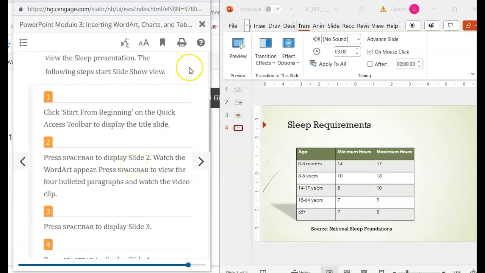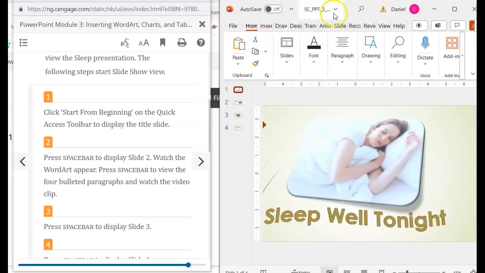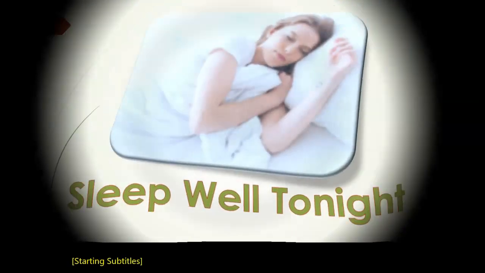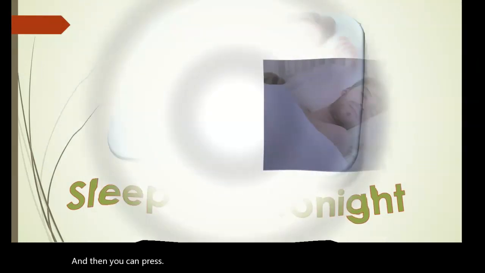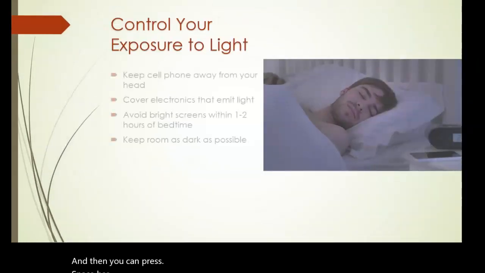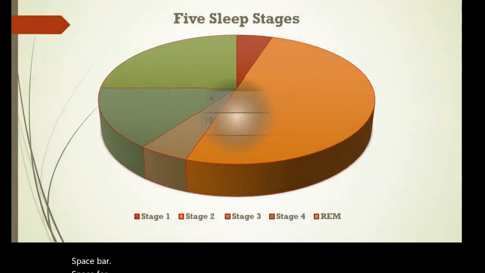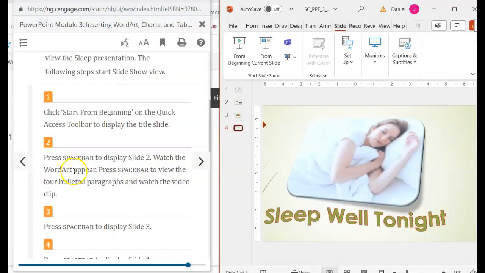All right, and then you can click start from the beginning to play it. So that's slideshow tab from beginning, and then you can press spacebar to view the presentation.